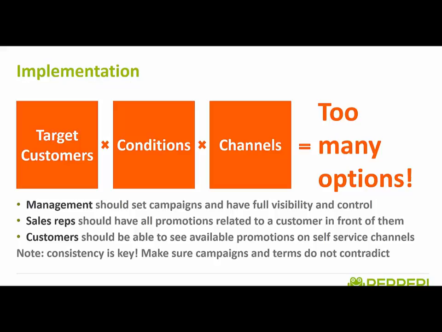You have to remember that consistency is key, so you can't offer a smaller discount on a self-service channel than what your sales reps are offering in the field. That will not make sense to the customer and will create mistrust.